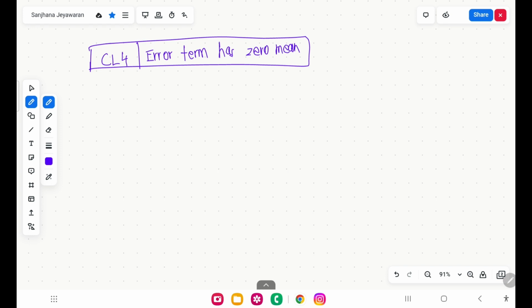In CL4, we say that the error term has 0 mean. So how do we denote that? The expectation of errors given the value of x is equal to 0. And another part in CL4 is that they say error is independent of x.